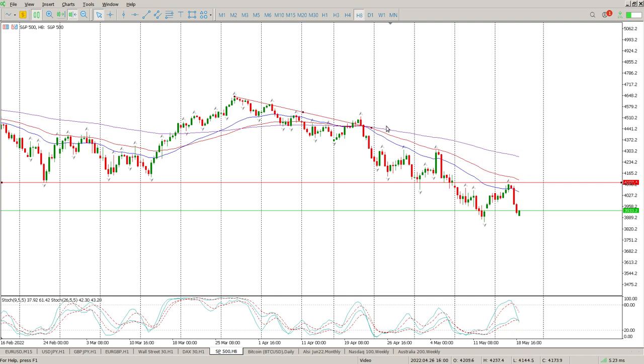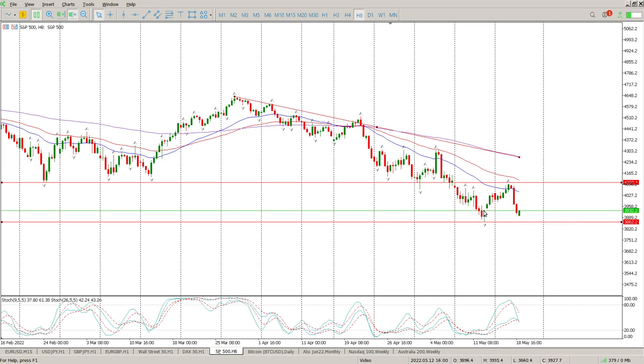First bit of logic is quite simple. We are in a downward trend. We are forming a series of lower highs and lower lows, so that is a clear, well-defined downward trend. What we're also trying to do here is form a higher low, or just get structure.